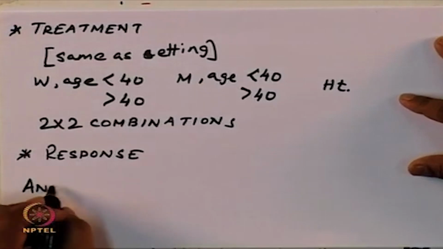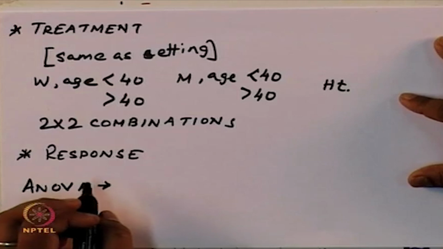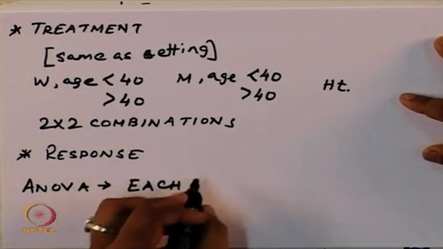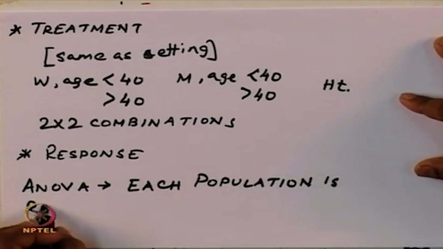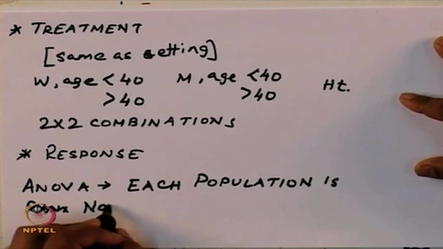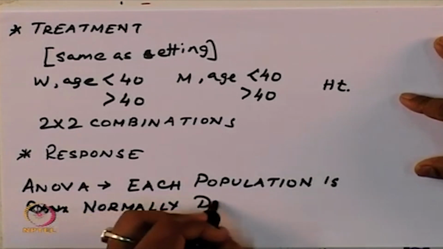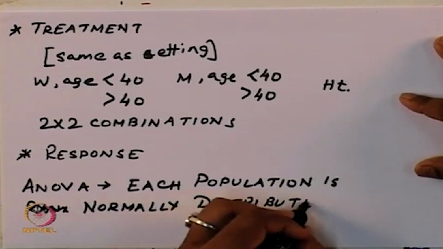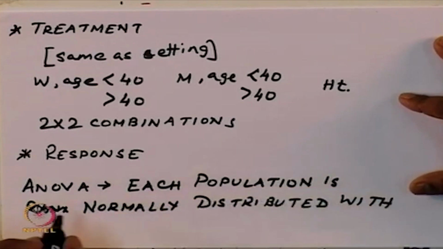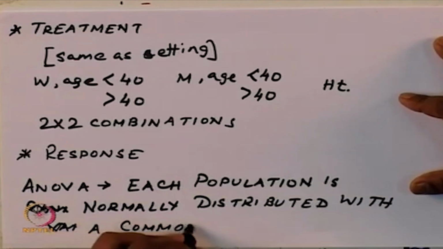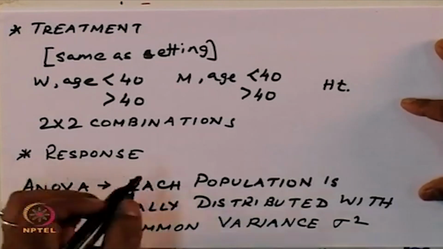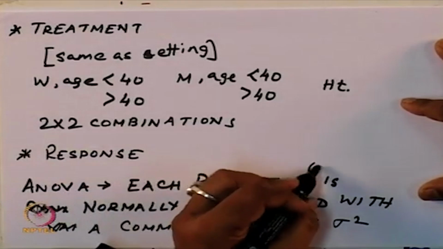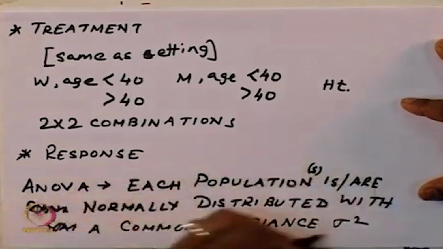ANOVA is based on the assumption that each population is normally distributed with a common variance sigma square.